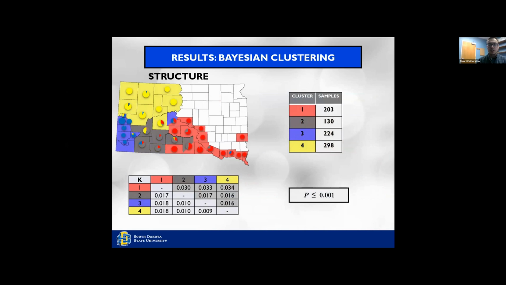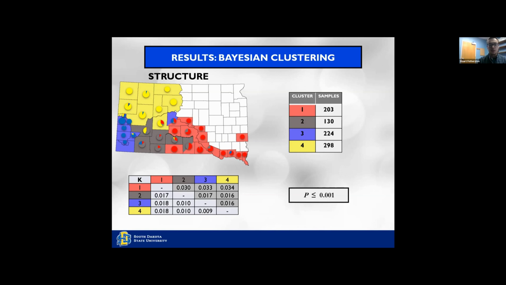So then we can take a step back and look at what support there was for k=4. Again, that same pattern appears here, where that first cluster, those eastern counties, appear remarkably similar again, and that second cluster has now been split into 3.